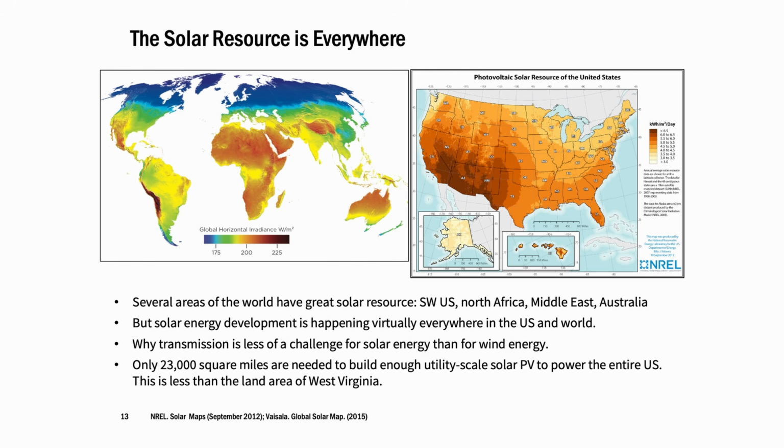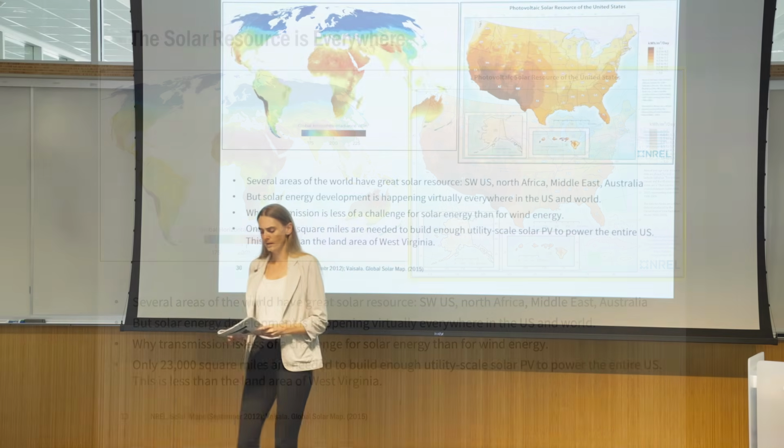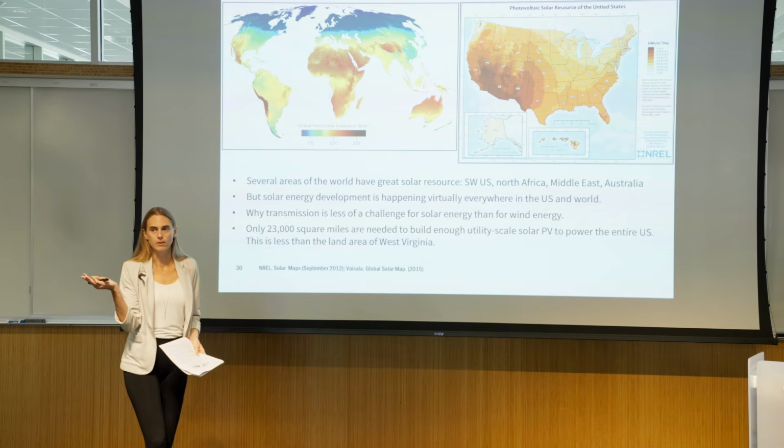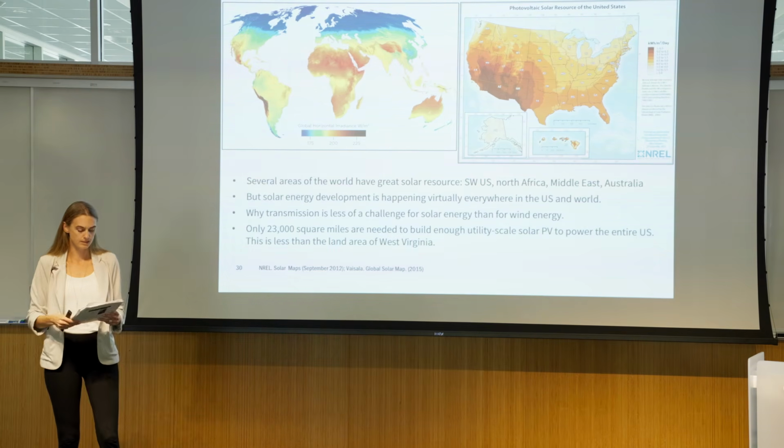The solar resource can also be measured in terms of insolation, which is the amount of energy that hits a particular surface area over a given time frame, like throughout the day. So this map here from NREL shows solar insolation in terms of kilowatt hours per meter squared per day, right? Because the solar resource is going to vary as the sun moves throughout the sky.